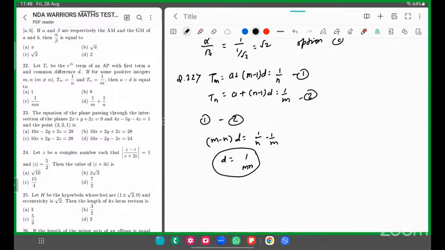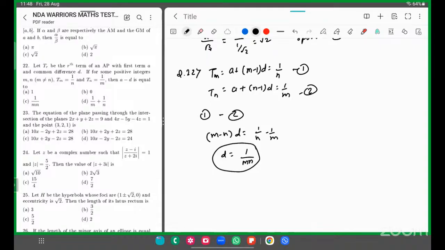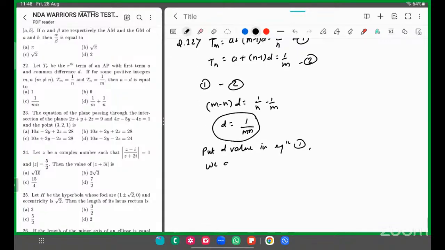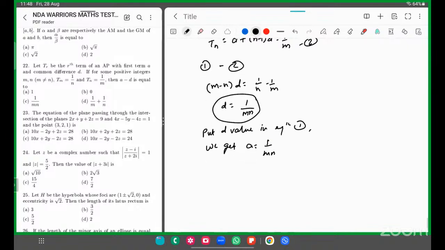Putting this D value in equation number 1, we get A also equal to 1 by mn. So they are asking us about A minus D. Since both are the same, we'll be getting 0. So option B you can take.